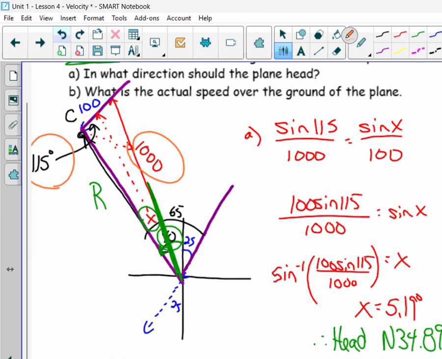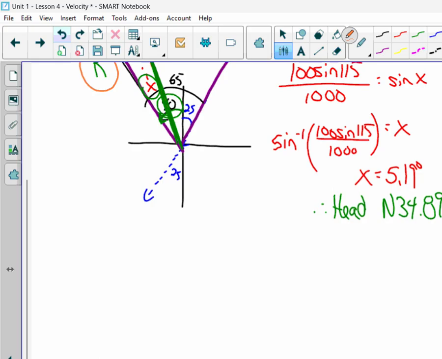R is across from this angle up here. And our rule is if we know two angles in a triangle, which we do, we can find the third one. So we're going to take 180 minus our 115 minus the x we just found, which is 5.11. And that angle up there should be 59.81.